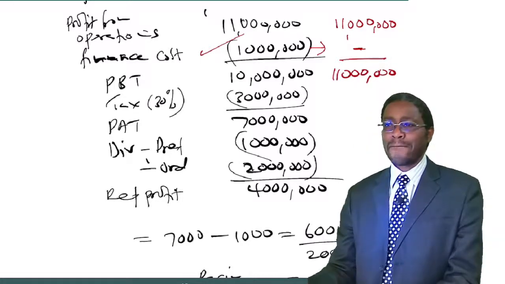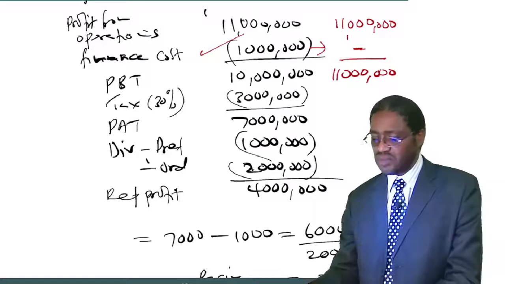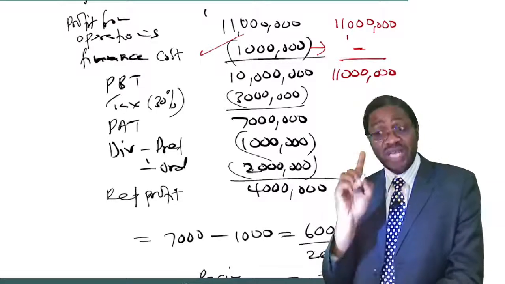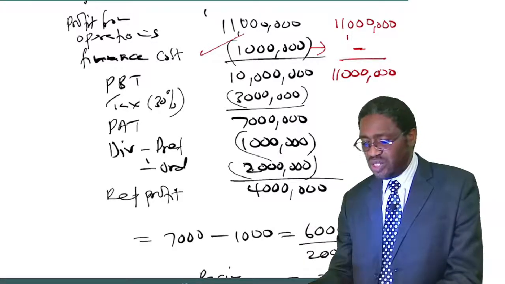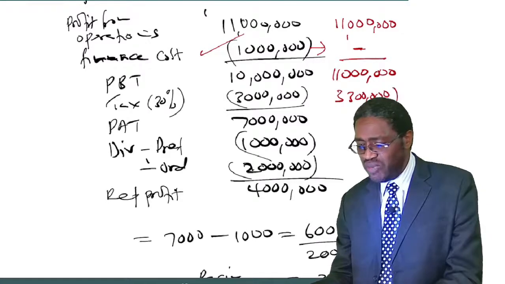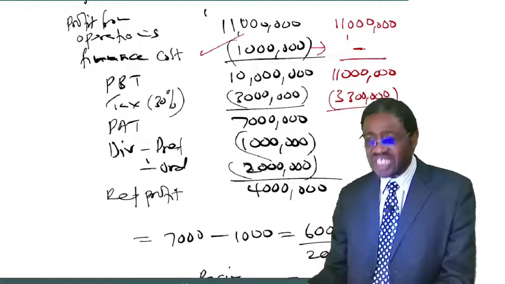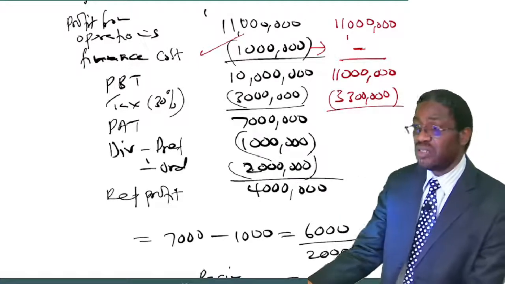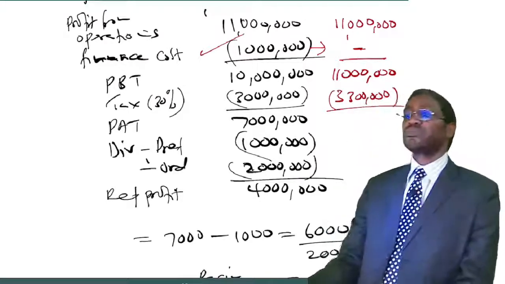But our tax would still remain 30%. 30% of 11 million, you can see, is 3.3 million.